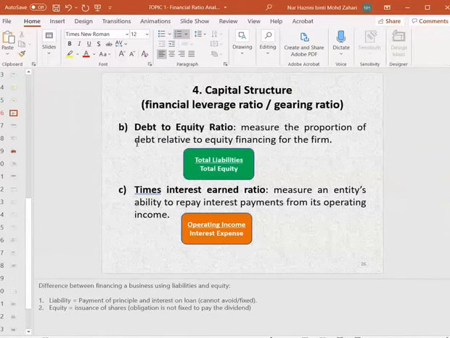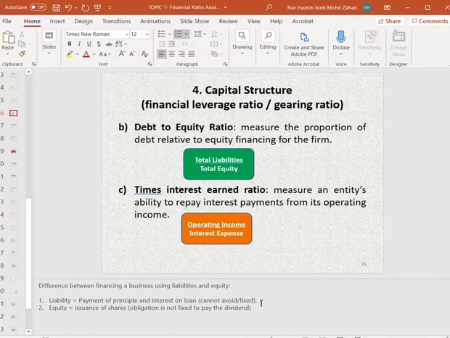So that's why the debt to equity ratio is very important, because shareholders want to look at whether your company is safe or not. At the end of the day, if your company goes under bankruptcy and the company's assets are not enough to pay back the liabilities, you as the shareholders will have to pay back the company's liabilities.